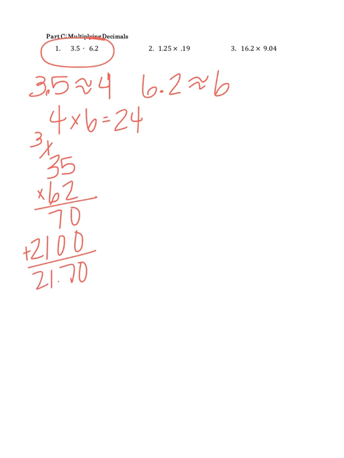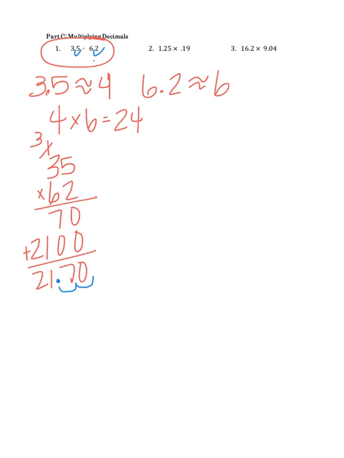Then we go back to our original products to check place value. We count over 1, 2 decimal places. So in our final product, starting from the right, we go 1, 2 decimal places, and place our decimal. We see that we have 2 digits to the left of the decimal, 21, and that is close to 24.